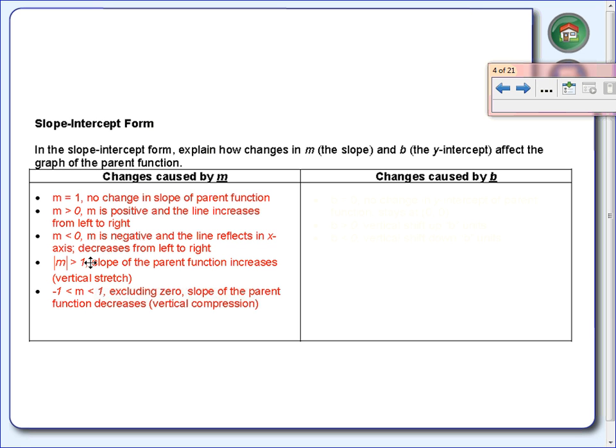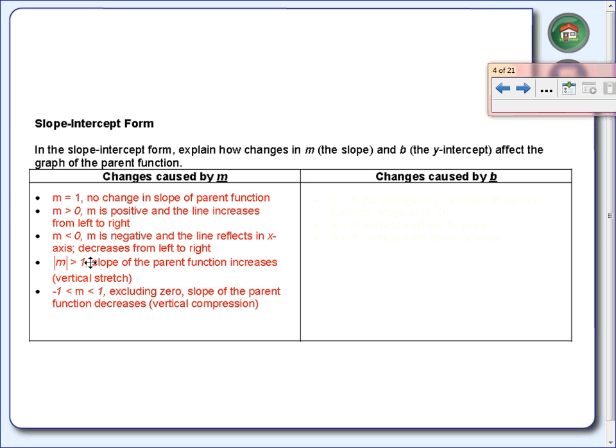It goes down. And the reason it goes down is because we reflect the line across the x-axis. Remember those transformations we talked about the first 6 weeks? They're going to come back again this second 6 weeks. They'll also come back the third 6 weeks and the fourth. We'll be talking about all those transformations throughout the year.